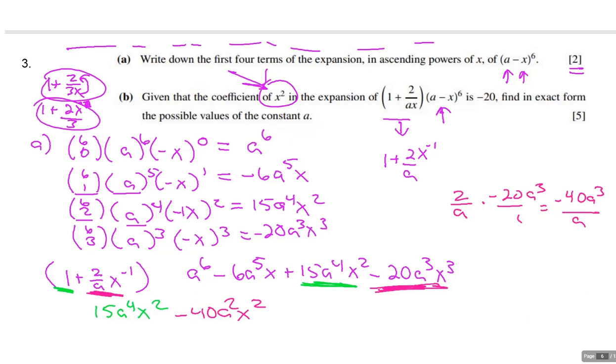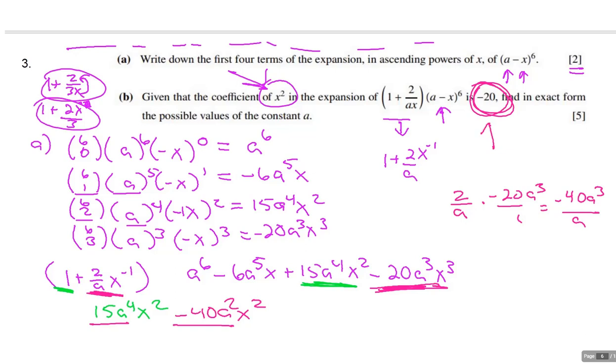So what do I do now? What do I know about the coefficient? Well, we usually combine like terms, right? So what am I combining? 15 minus 40, and 4 plus 2 and 2 plus 2, like adding the exponents. Well, but let's do this. This plus this is going to equal what?